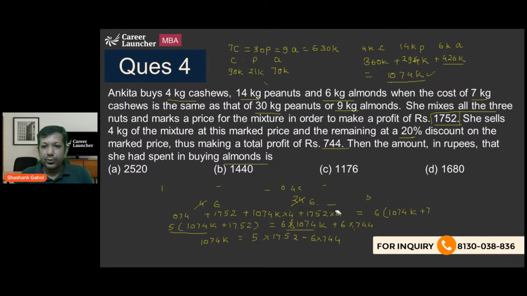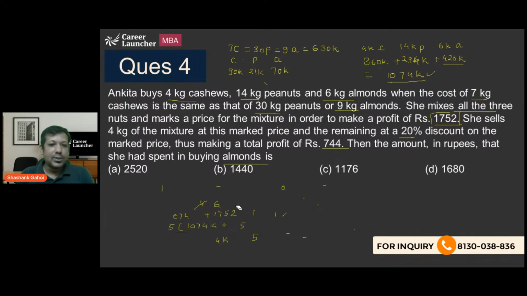What I am going to do is simply go with a different concept. I am going to write down till this point: how much amount I am spending on almonds?